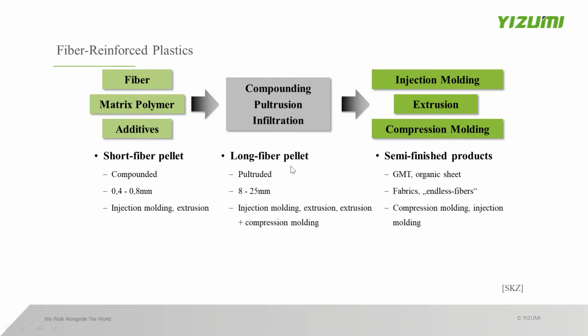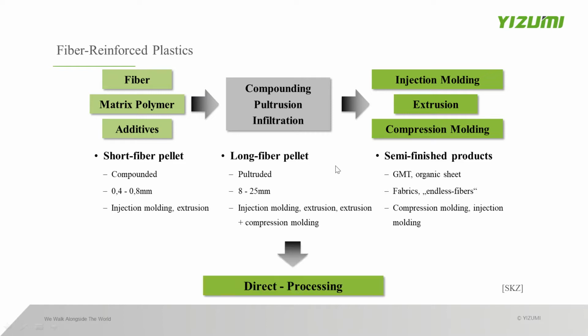And like this pellet length, this is just the middle product. If we want to get the final parts, final products, or the seat, the chair, what the customers buy from your side, we need injection molding, we need extrusion, we need compression molding. So this is not the direct process because we have the middle process here.